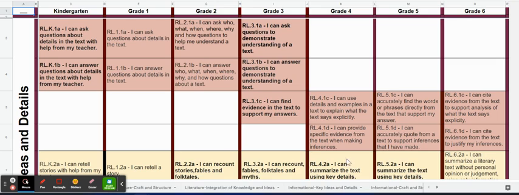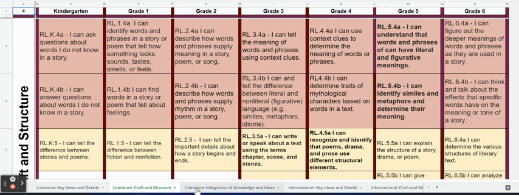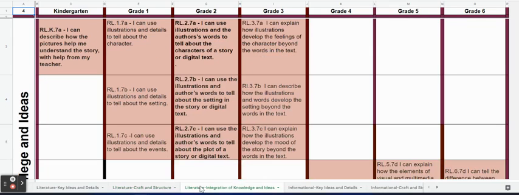So the continuum looks very similar to the math continuum that you've seen in years past, as you can take a peek at the tabs along the bottom. We have the literature standards first, and they're broken down into three separate categories, just like you would see if you were to look up the Common Core standards. So we have the literature key ideas, and then we have the literature craft and structure, and then the literature integration of knowledge and ideas.